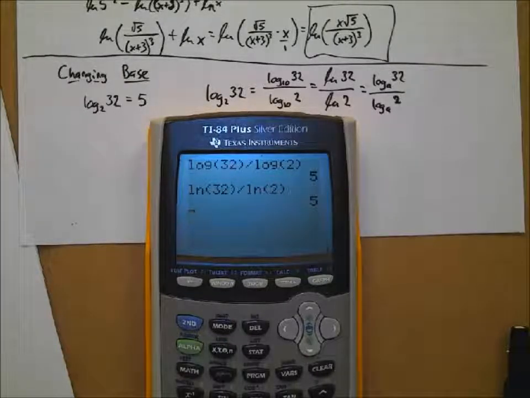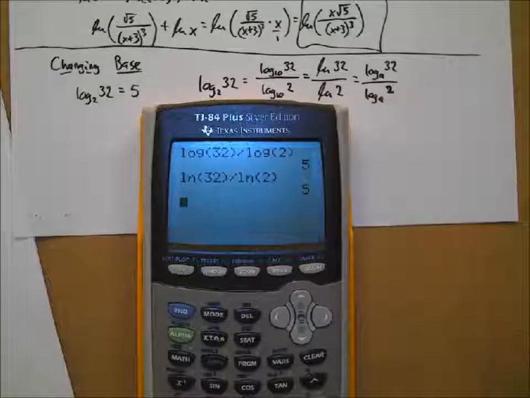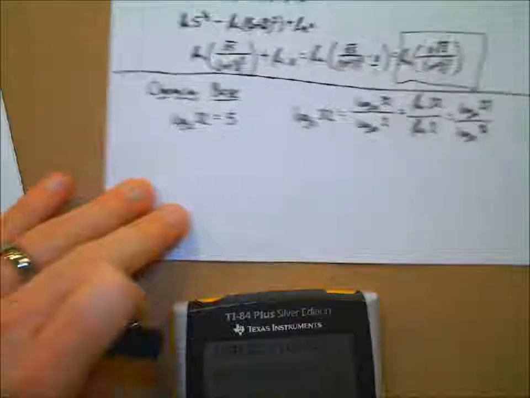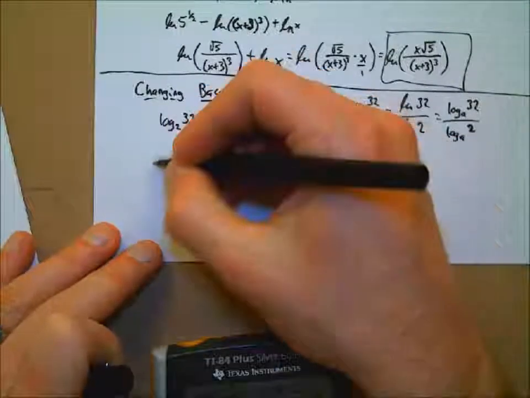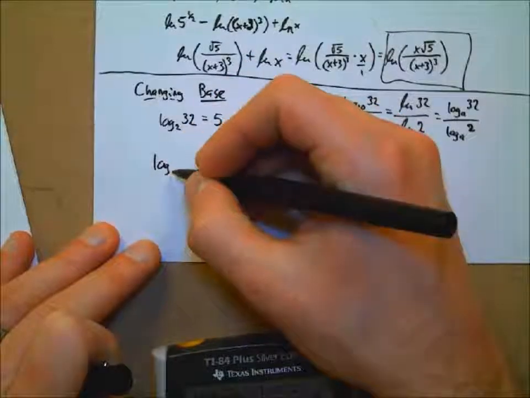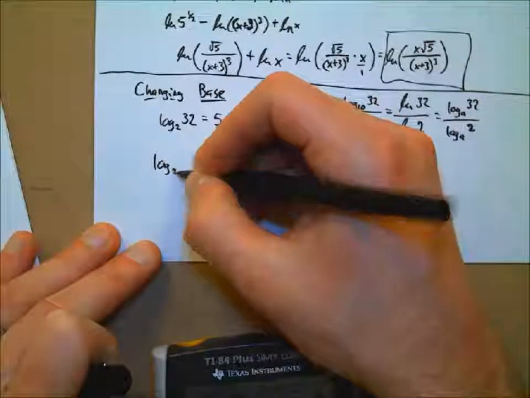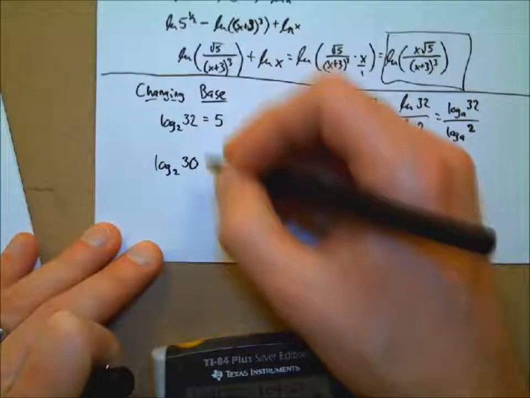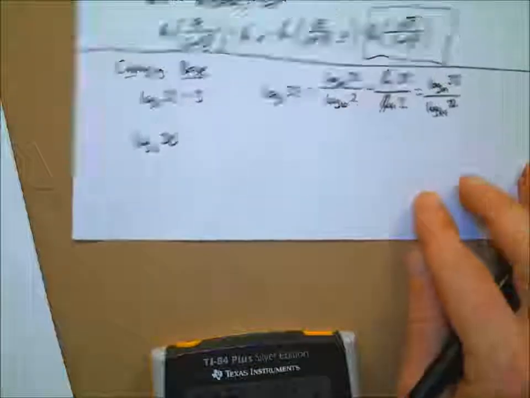Okay. So same answer, regardless, which it should be, right, if it's change of base there. Which is helpful because what if we get a problem like the log base 2 of 30? And we want to evaluate that.